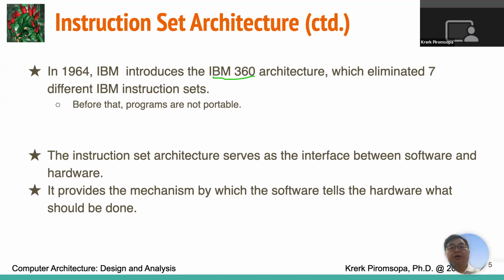And we are now in the era of the Intel instruction set or the ARM instruction set. It means if you buy a new Intel or AMD processor, your Windows, or whatever operating system you use, just works, even though inside the computer they are totally different designs.